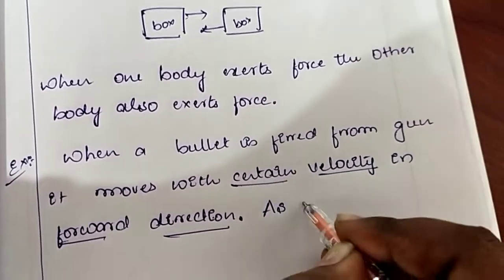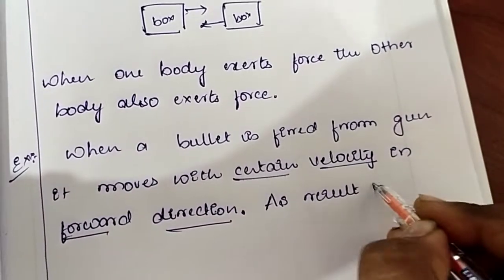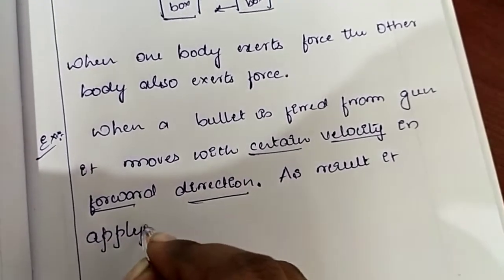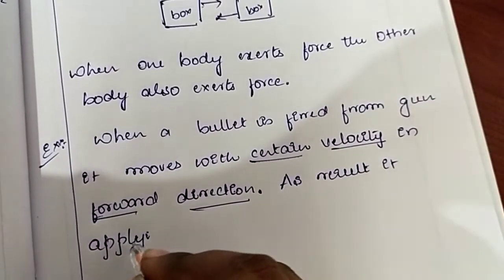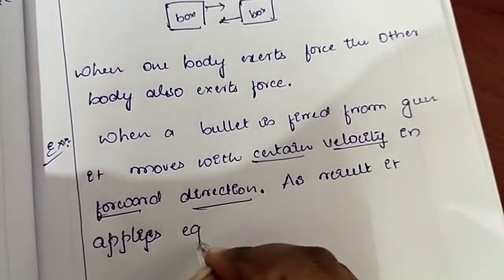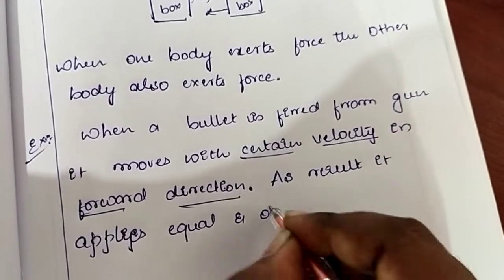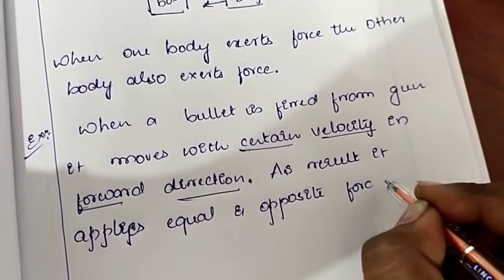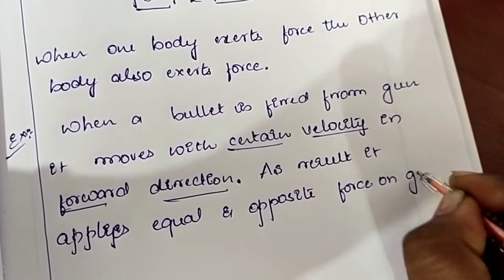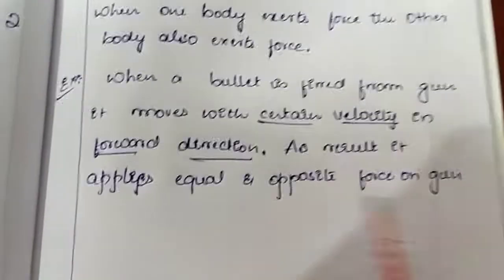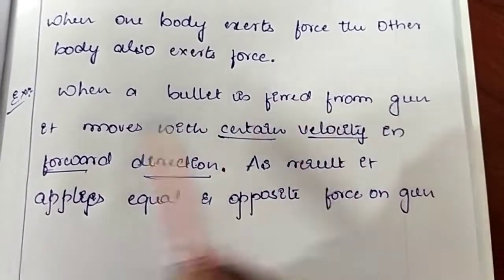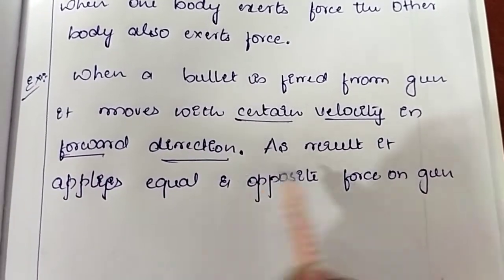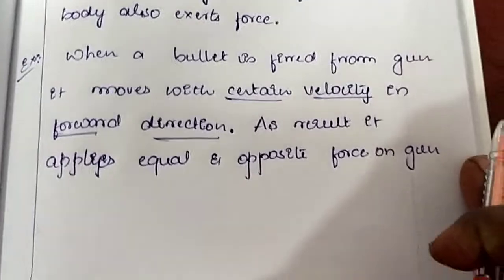As a result, it applies an equal and opposite force on the gun. Okay children, when a bullet is fired from a gun, it moves with a certain velocity in the forward direction. As a result, it applies an equal and opposite force on the gun.